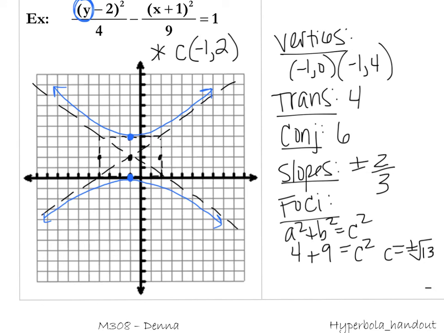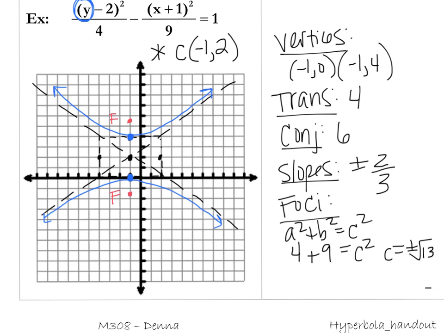So I'm going to start at the center, and I'm going to count up 3.5 and down 3.5. So I'm going to put a focus point here, always starting from the center. So that's a focus point here. Remember, you're not putting any foci out here or out here, because that's not inside your hyperbola. So just beware of that. It always has to be on the inside of the parabolas.